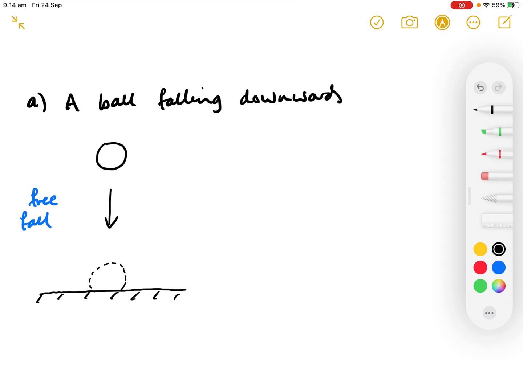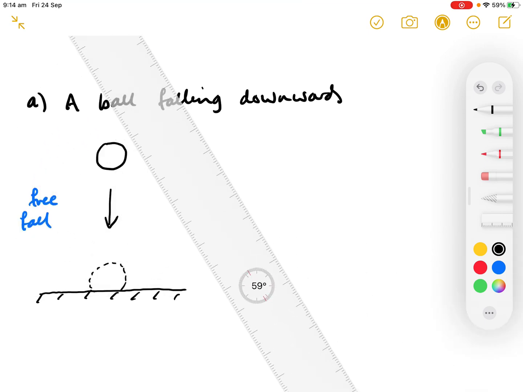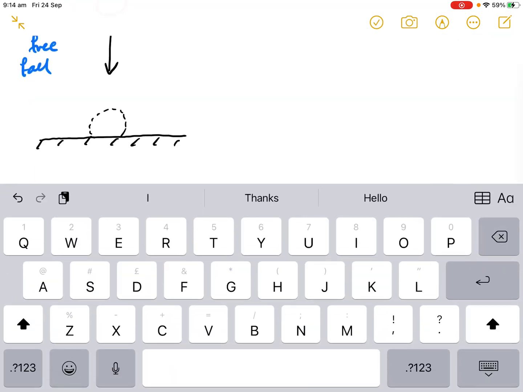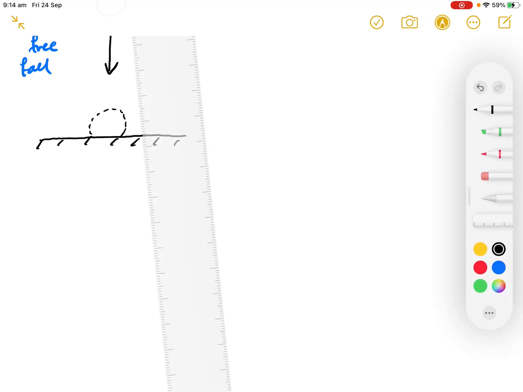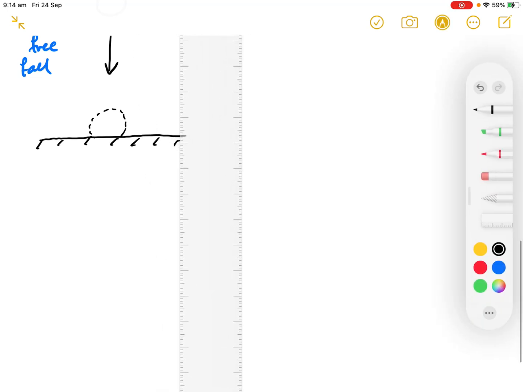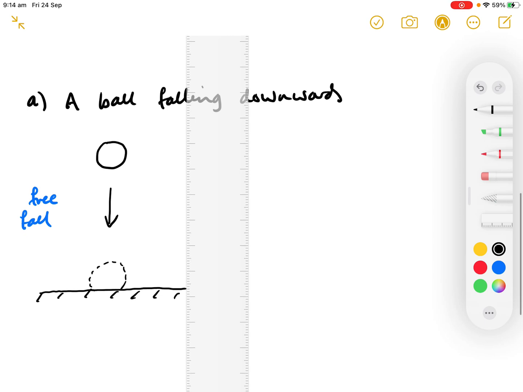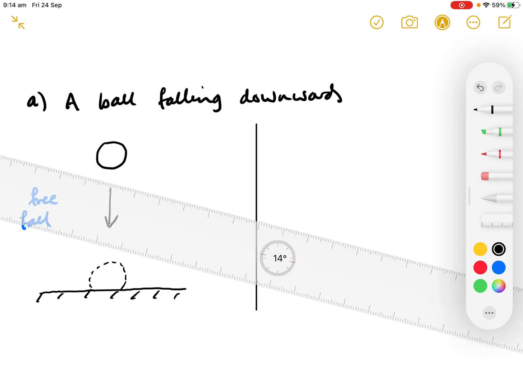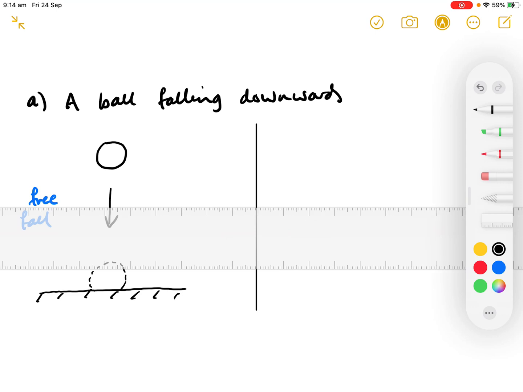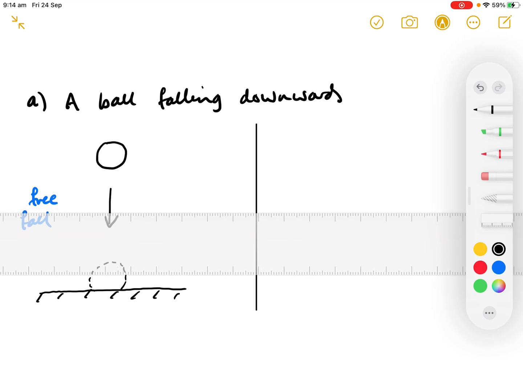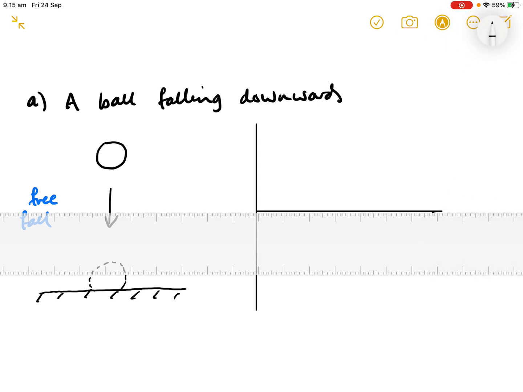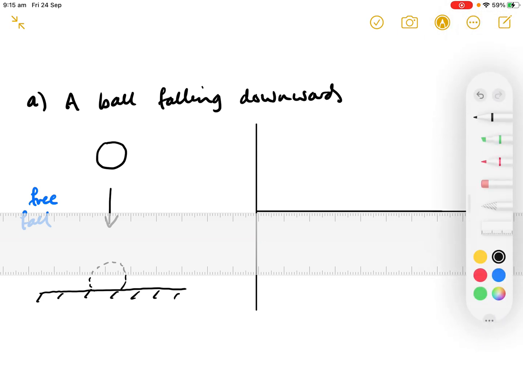So what would its velocity time graph look like? Well, when you're drawing velocity time graphs, remember it's velocity, not speed. So sign matters, direction matters, velocity is a vector quantity. So when we're drawing these graphs, you always need to have your y-axis, but you need to have your x-axis such that you've got a positive and a negative y-axis, like that.